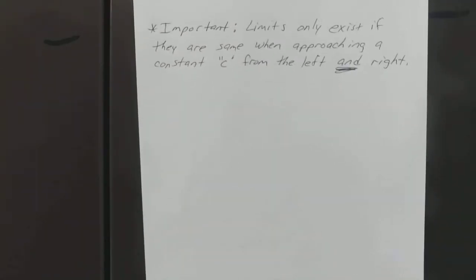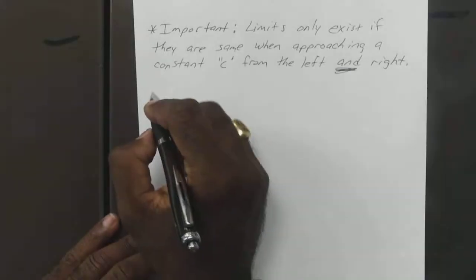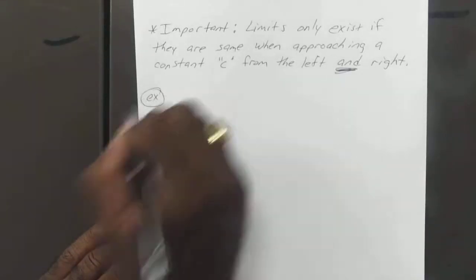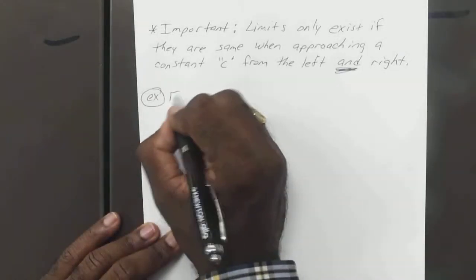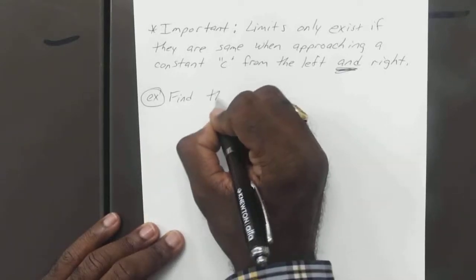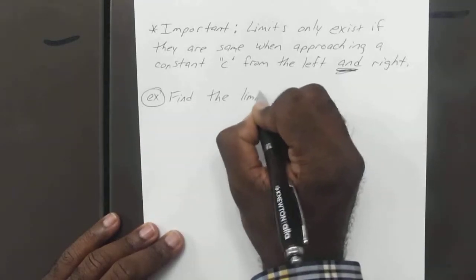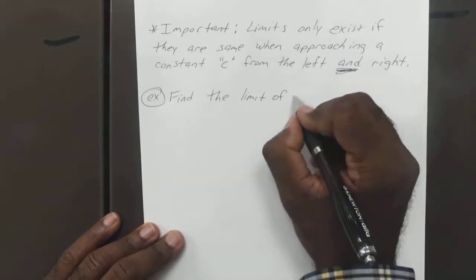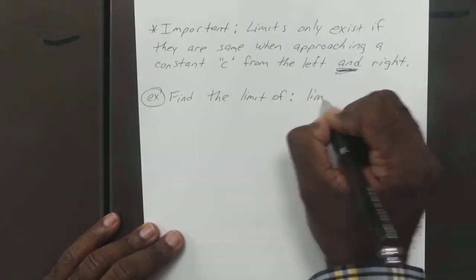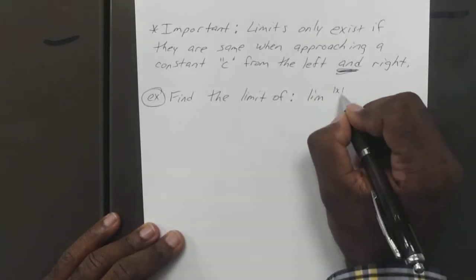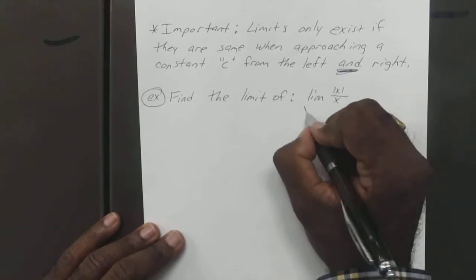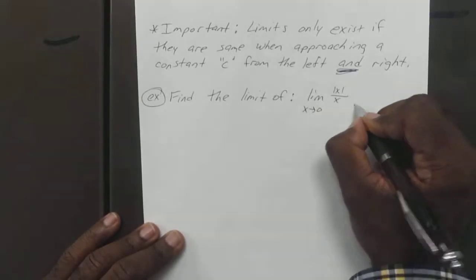Okay, so let's say if we have, for example, find the limit of, say, the limit of absolute value of x over x as x approaches 0.